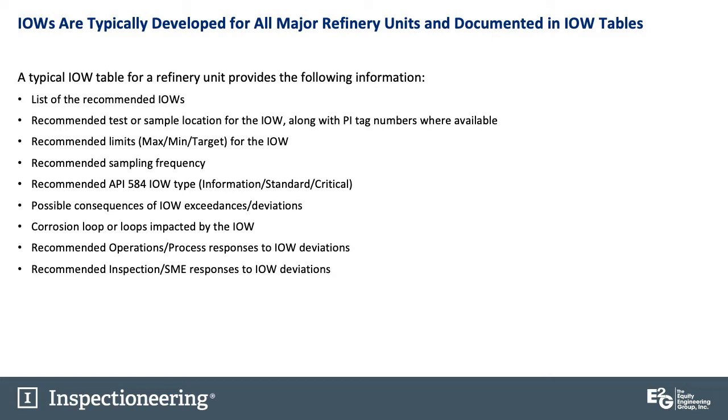The recommended API 584 IOW type. 584 recommends basically 3 categories of IOWs: critical, standard, and informational. You might look at those as a prioritization of the IOWs for the unit. The possible consequences of IOW exceedances and deviations. I think this is a really important part of the IOW table because it provides that knowledge base.